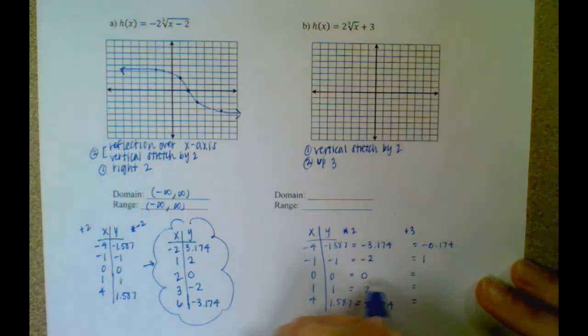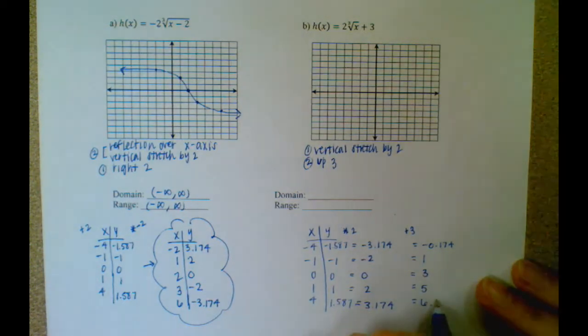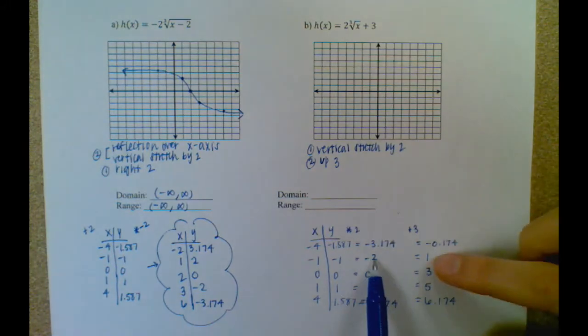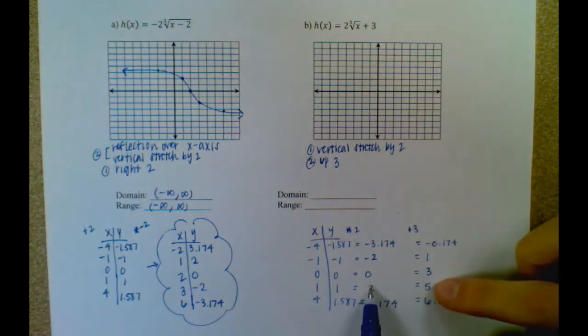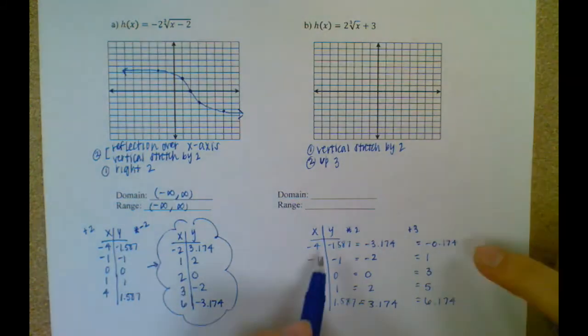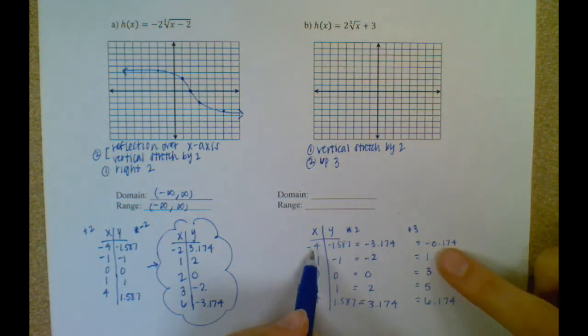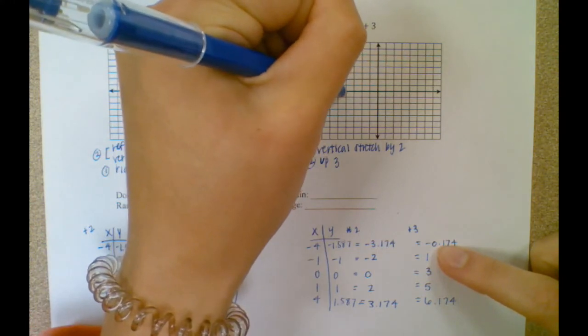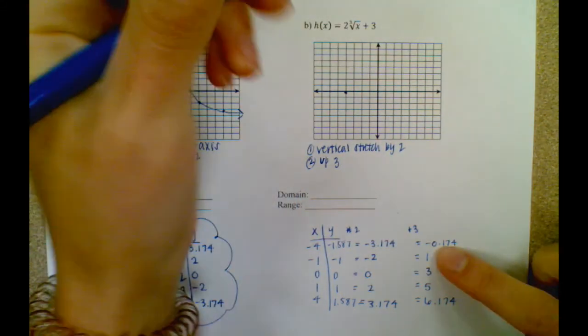That'll give you 1, 3, 5, 6.174. I'm going to double check my math real quick. 1, 3, 5. Yep, okay. So these are my table values. So negative 4, negative 0.1, 2, 3, 4, negative 4, negative 0.0. Okay, so it's going to look like that.